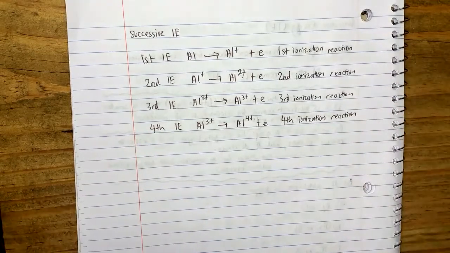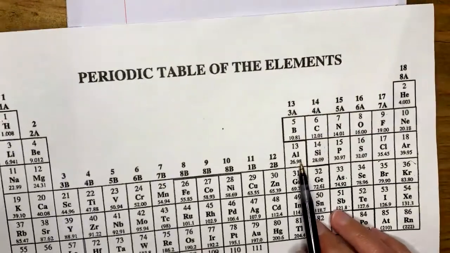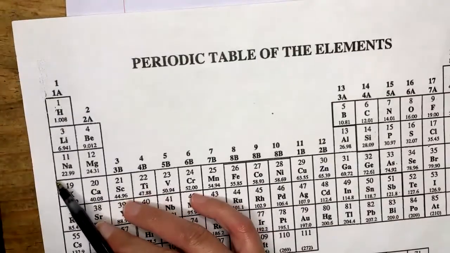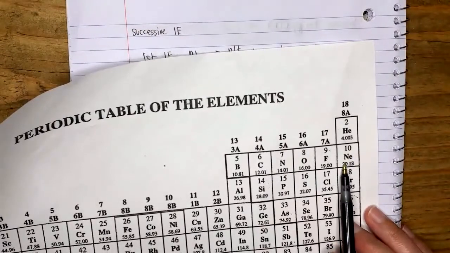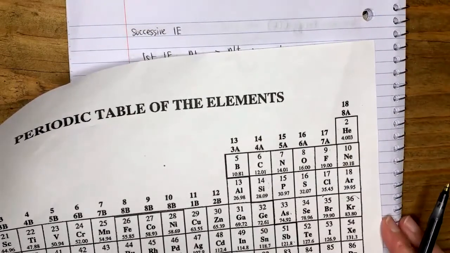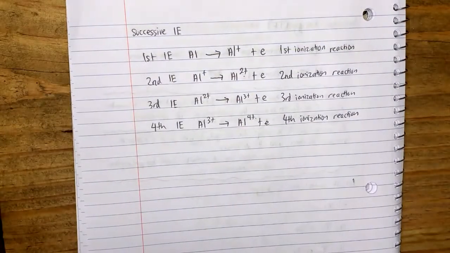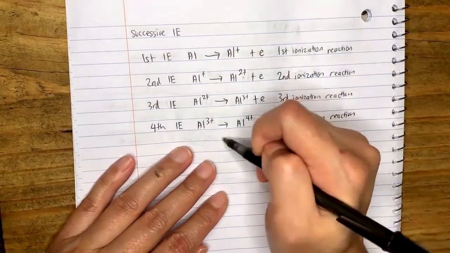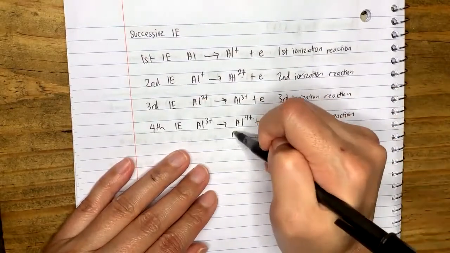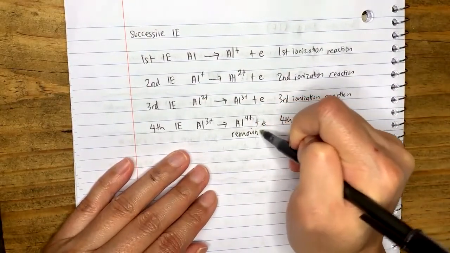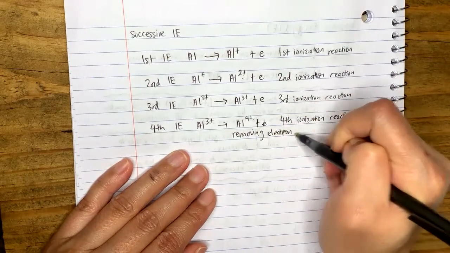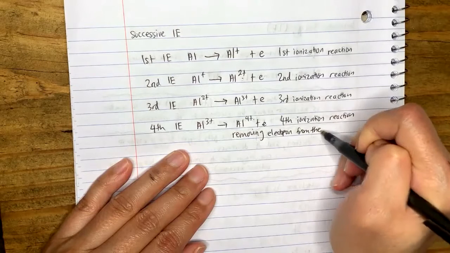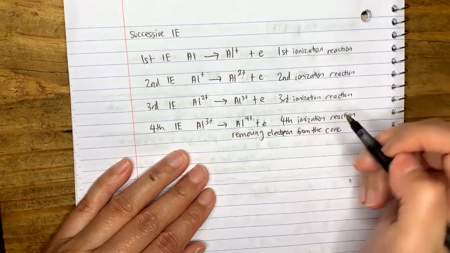So let's take a look at aluminum. It has 3 valence electrons. You take out 1, 2, 3, those are the valence electrons, and then you start taking out the fourth one. Try taking an electron away from neon. Neon's like, no way, I'm full. Why would you want to take my electron away? It's not going to let you. So this fourth level is removing an electron from the core, okay?